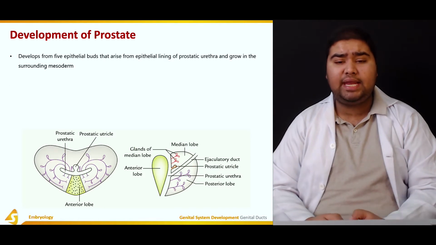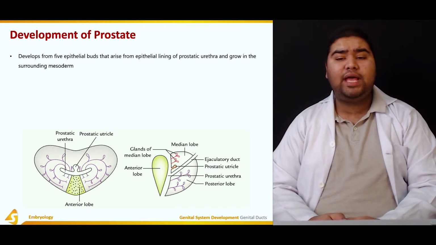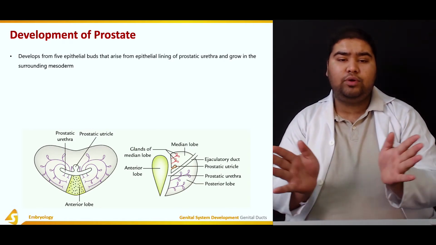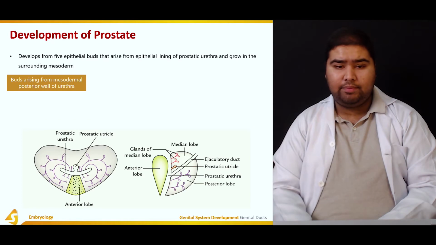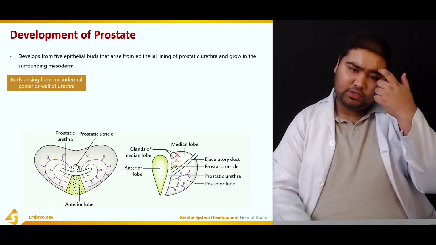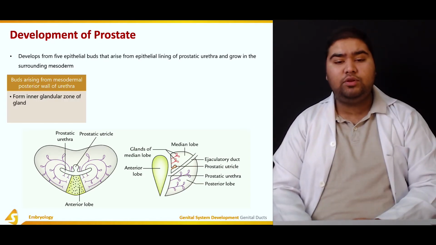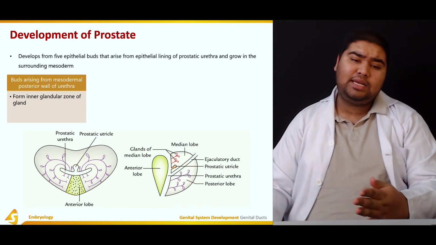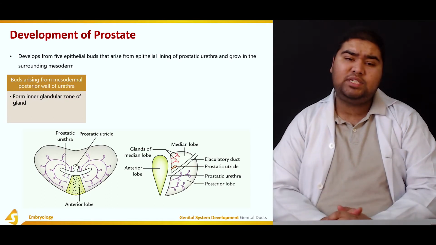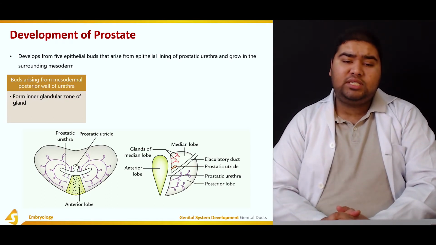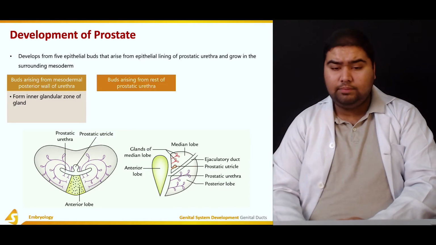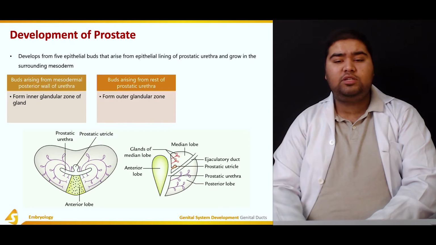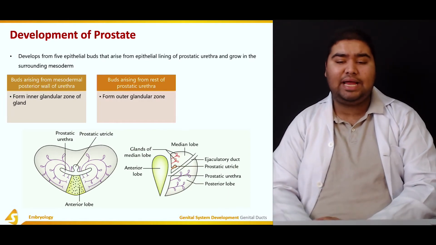There are 5 epithelial buds that arise from the epithelial lining of the prostatic urethra, and they grow in the surrounding mesenchyme. Buds arising from the mesodermal posterior wall of the urethra form the inner glandular zone. Buds that arise from the rest of the prostatic urethra form the outer glandular zone.